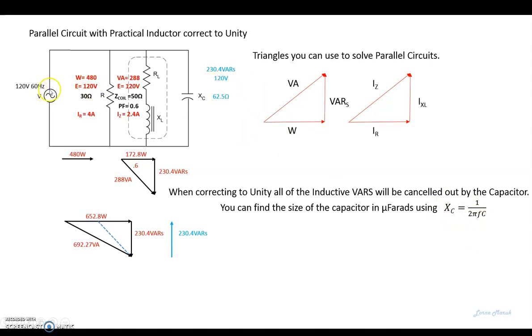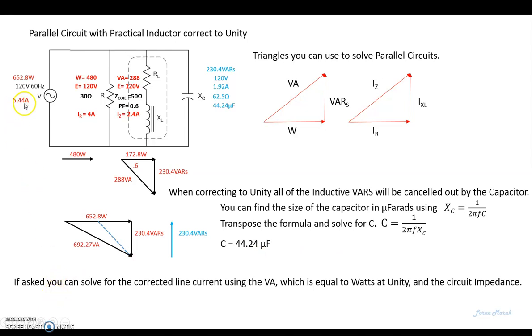Our voltage, because it's in parallel for the capacitor, will be the same. E squared over VARs will give us 62.5 ohms, or VARs divided by 120 will give us the current, and 120 divided by the current will give us 62.5 ohms, which we can then put into our formula to solve for our microfarads.